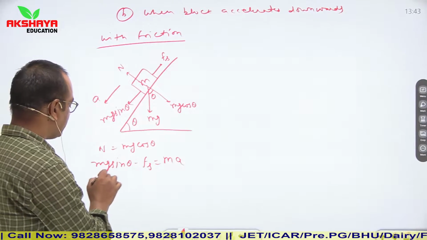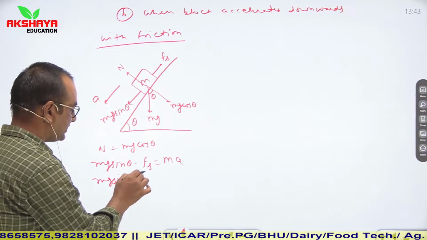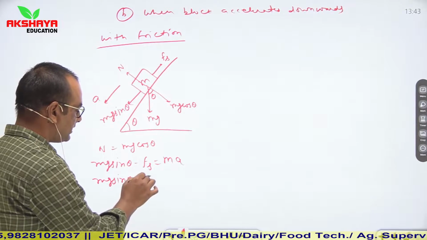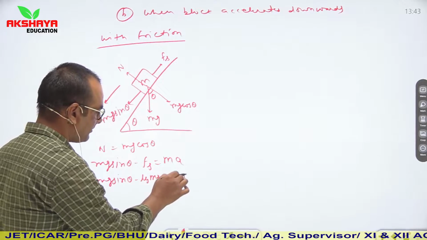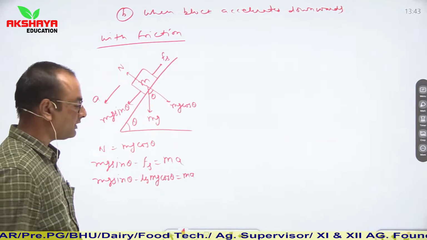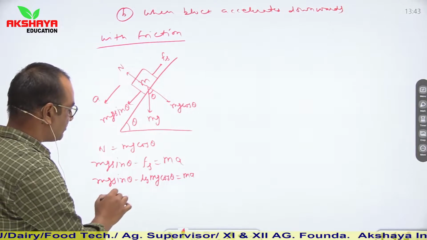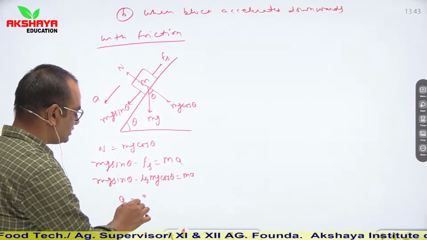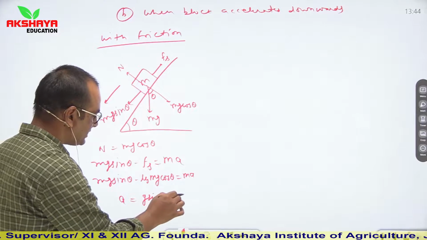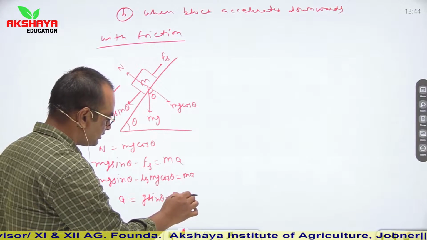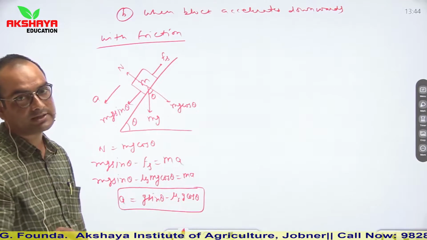So place value of n here, mg sin theta minus Fs, which is mu s mg cos theta, is equal to ma. So if we have to calculate value of a, then m can be cancelled out on both sides. So a is equal to g sin theta minus mu s g cos theta.